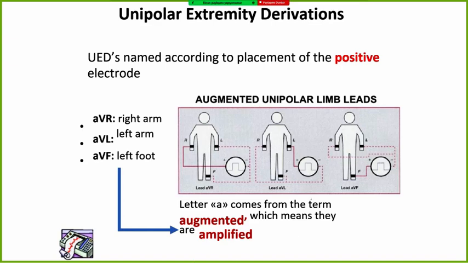AVR means the positive electrode is placed on the right arm, AVL means it's placed on the left arm, and AVF means it's placed on the left foot. And the letter A comes from the term augmented, which means these derivations are amplified.